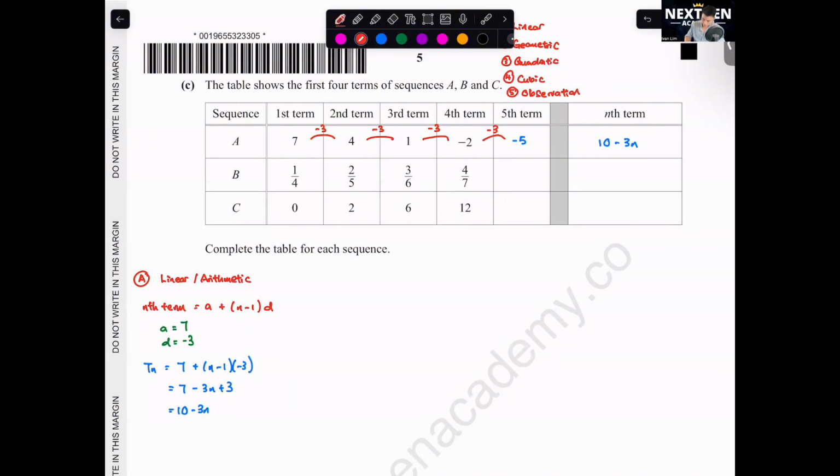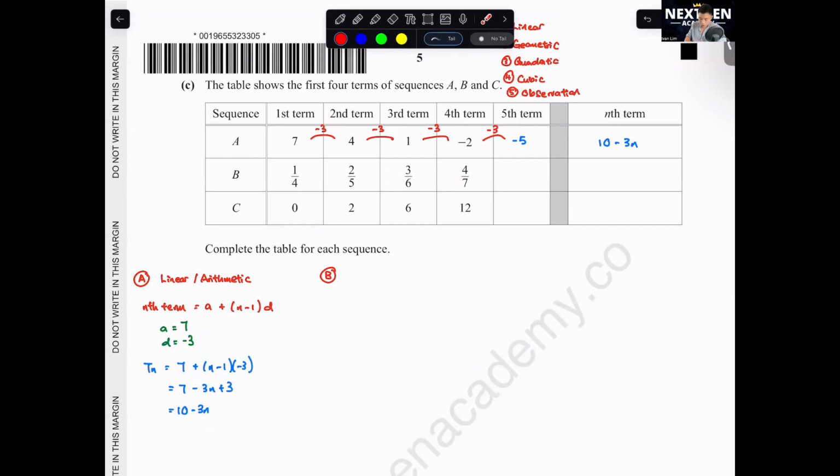The next one, B. Normally I give you a clue. For fractions, normally your numerator will follow one pattern and the denominator will follow another pattern. You don't need to look at it as one overall. Look here, 1/4. If you try to relate it, it's hard to see. Is it arithmetic? Not really. Is it geometric? Not really.